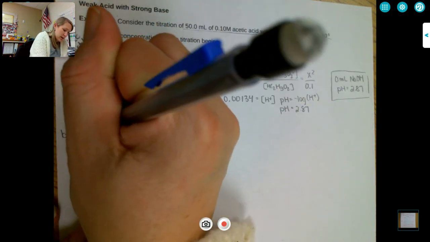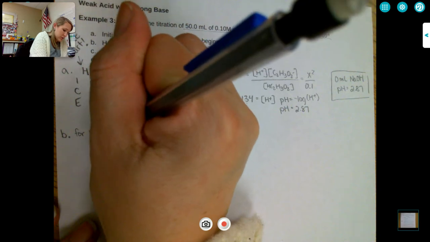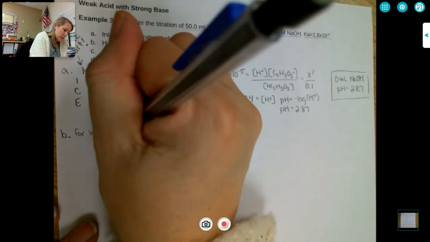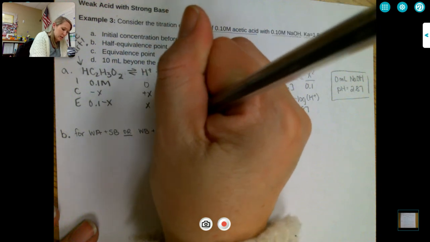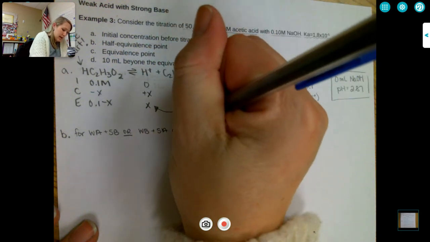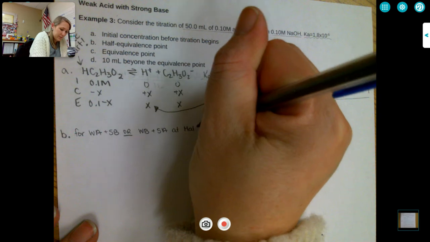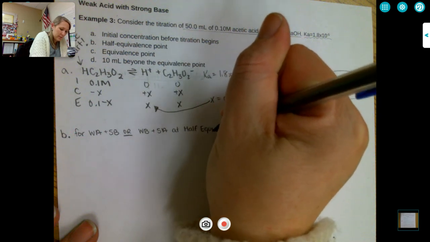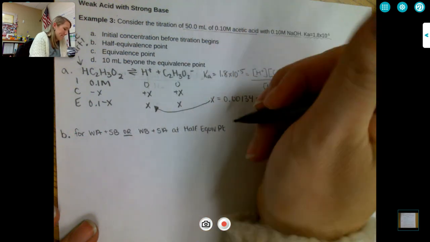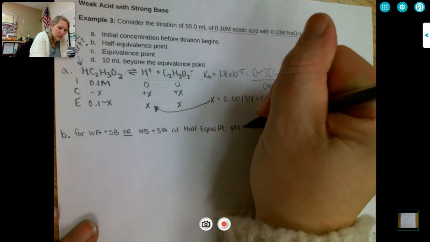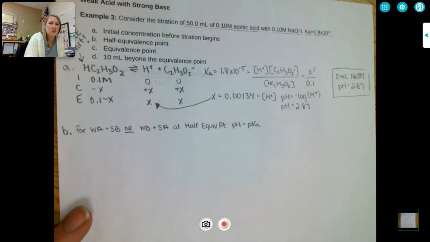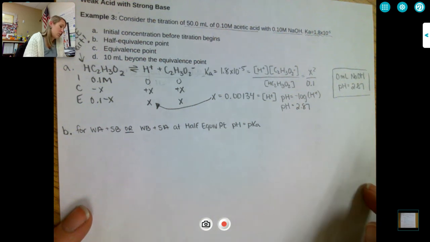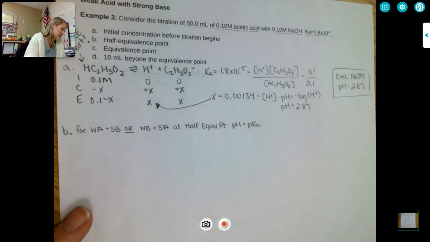For a weak acid plus a strong base, like what we have, or for a weak base plus a strong acid, at the half equivalence point, the pH is going to equal my pKa. Okay, my pH is going to equal my pKa. And we're going to prove what that is in a second.